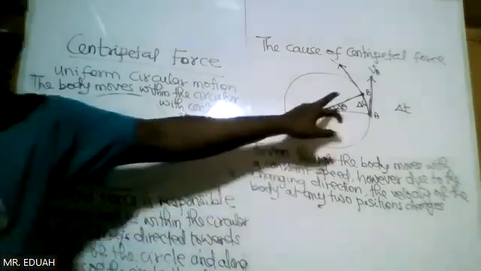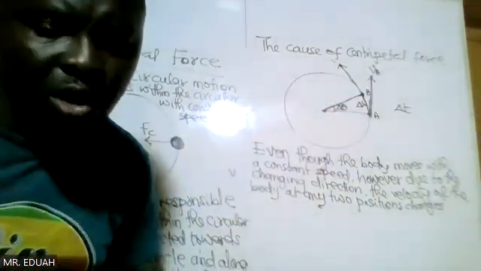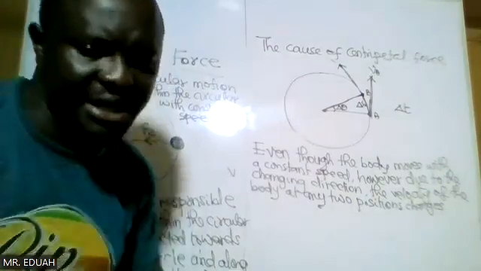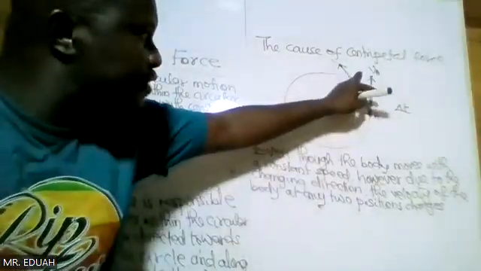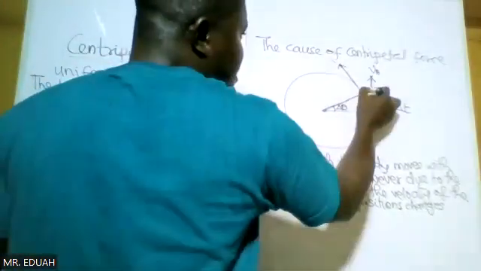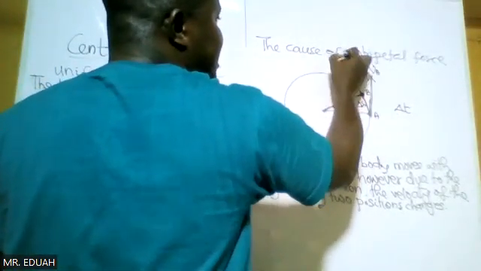So the velocity is changing because of what? The changing direction. The velocity of the body is changing due to the changing direction.